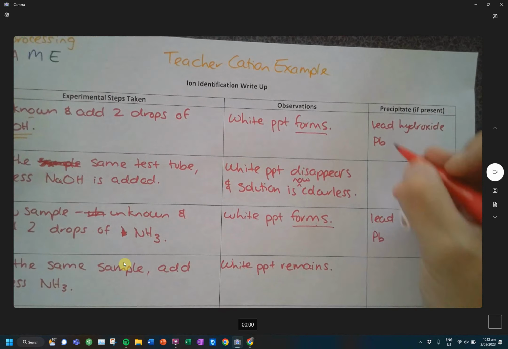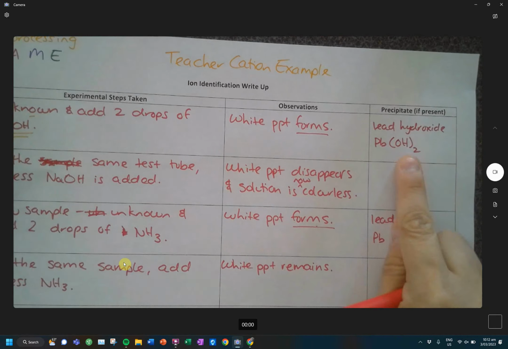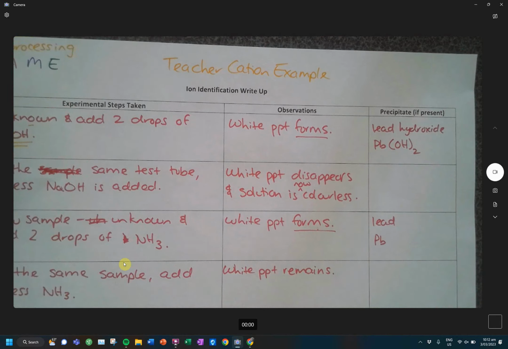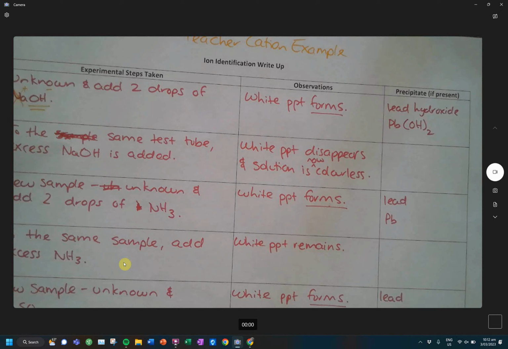Lead hydroxide has a +2 charge, so I need 2 hydroxide ions to make that 0. We good so far? All right. I added excess, it disappeared, but I'm not going to worry about that for the achieved. If you are working towards merit or excellence, we do need to start worrying about what that stuff is.